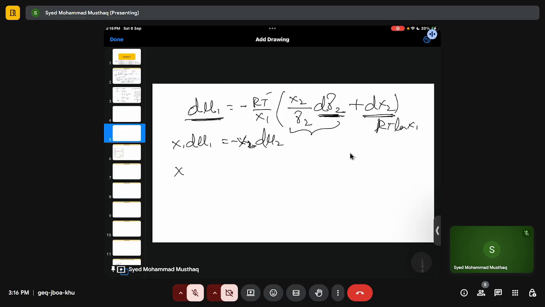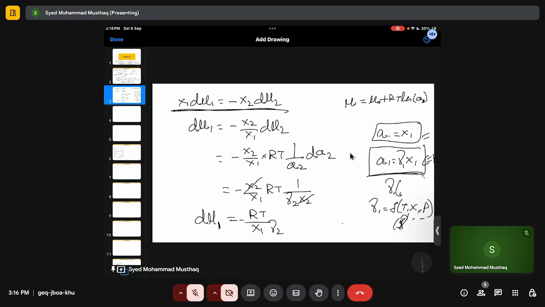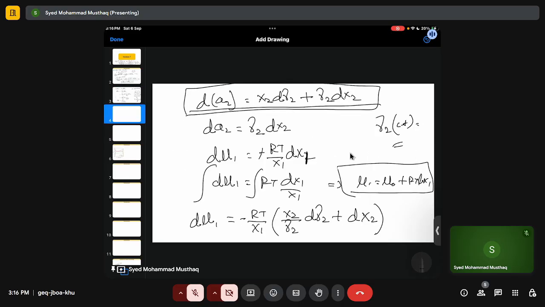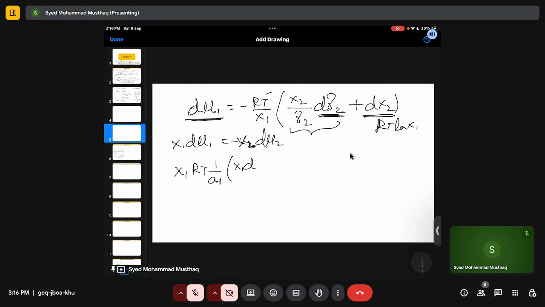So what is my d mu1? d mu1 is RT, 1 by A1 times x2 d mu1, x1 d mu1 plus activity coefficient times dx1, and here minus x2 RT 1 by A2 x2 d coefficient, change in activity coefficient times activity coefficient times change in dx.